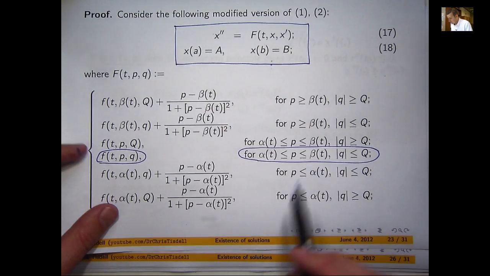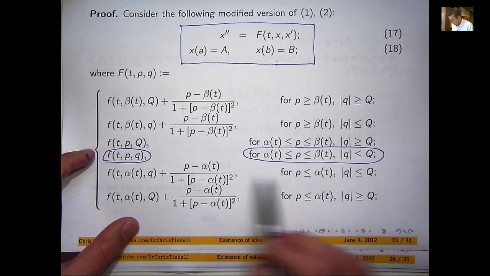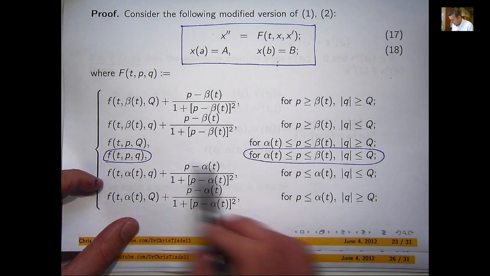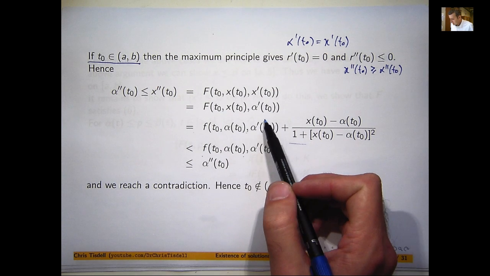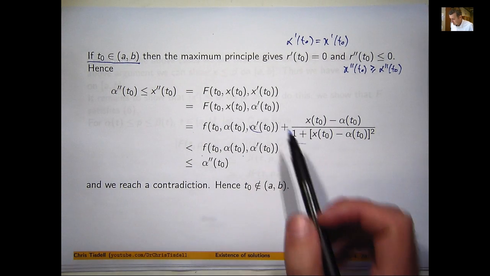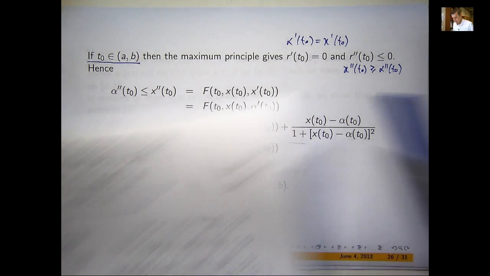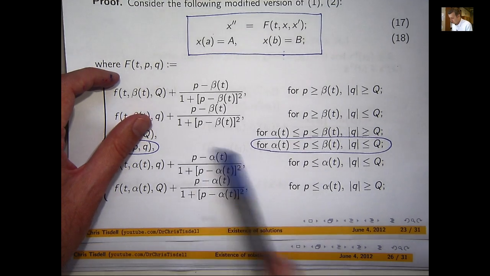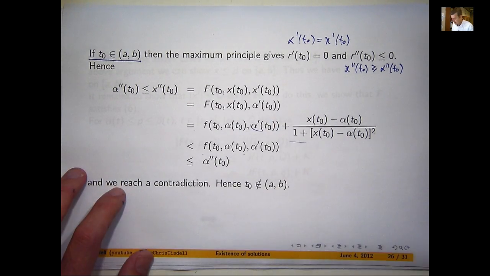It's a case where, basically, this is happening. Our choice of Q ensures that the absolute value of this is going to be less than or equal to big Q. Okay, so that's why we can take this function, not this function in here.